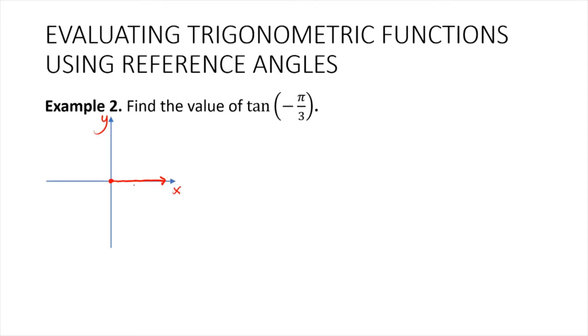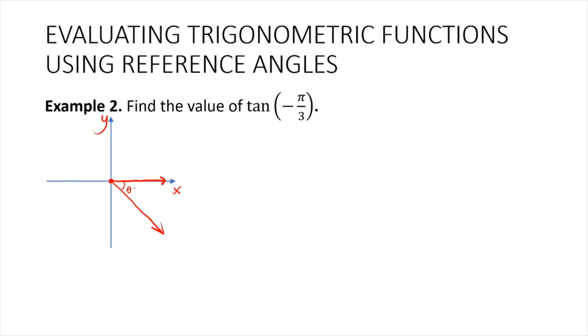Because we are rotating clockwise, this is 0, the initial side, and pi over 2 is the negative y-axis. Therefore, the terminal side of negative pi over 3 is situated here in the fourth quadrant.